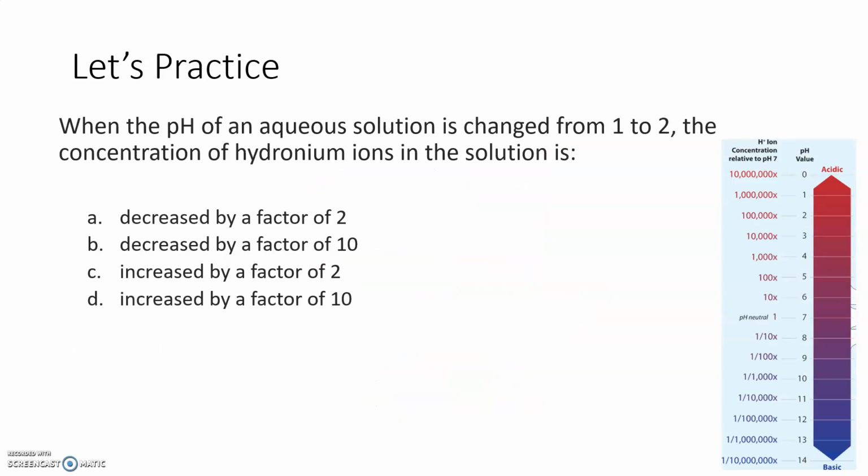All right, these types of questions can be tricky, so let's read through this. It says when the pH of an aqueous solution is changed from 1 to 2, the concentration of hydrogen ions in the solution is. Okay, so if I'm going from 1 to 2, the first thing I want to think to myself is, is this becoming more or less acidic?